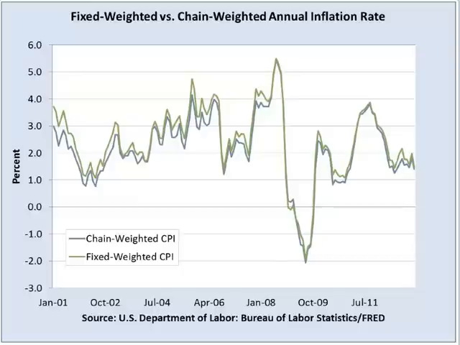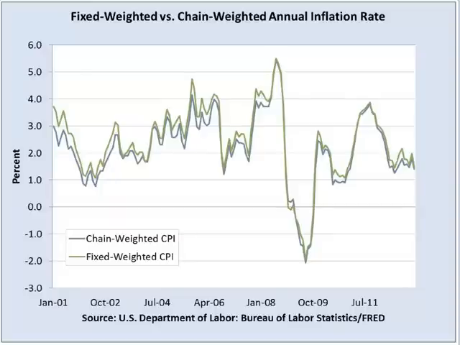So what I've got here is a chain-weighted CPI, which actually begins around 1999, I believe, when they first started calculating that, and a fixed-weighted CPI. The chain-weighted CPI uses the exact same goods, but uses a better index number to calculate them. The fixed-weighted CPI is the standard CPI, and now we can see the difference.